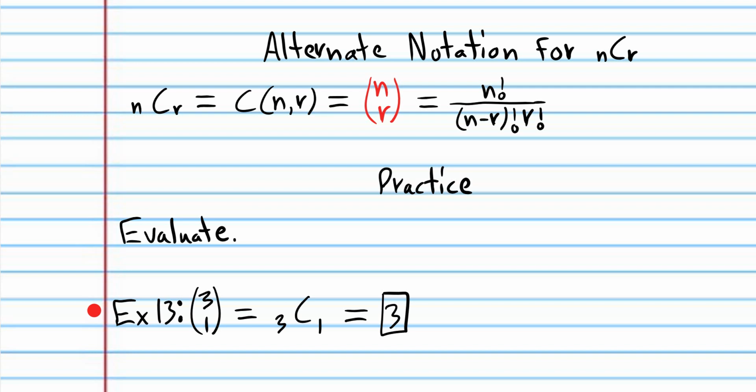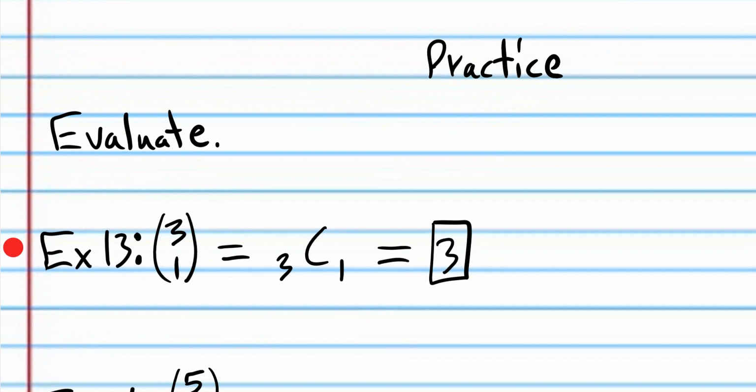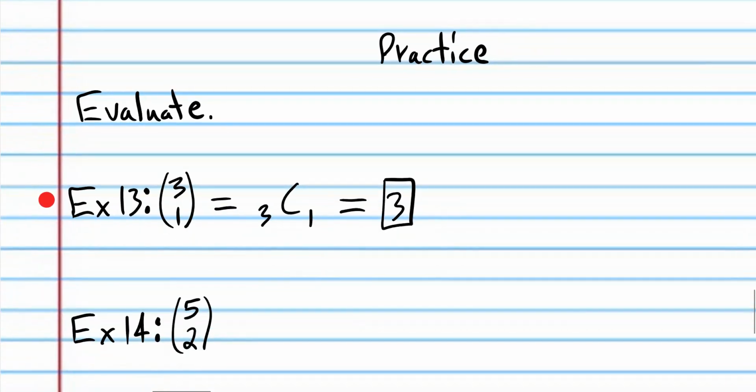It also can represent the word combination because we're counting groups of things. So a group is considered the same thing as a combination in math. But it's beneficial for us to pronounce this as 3 choose 1 at this point in your math education.